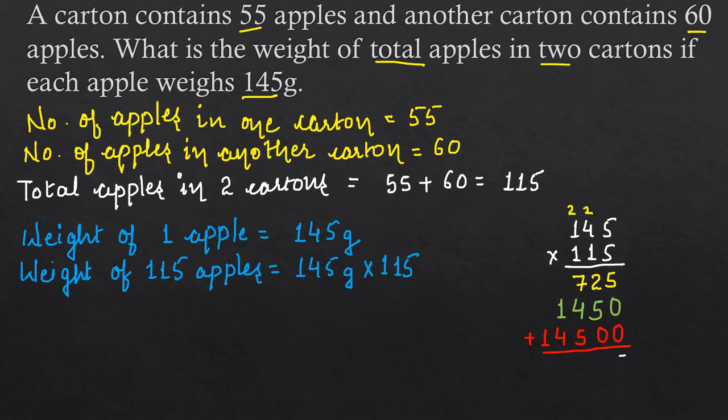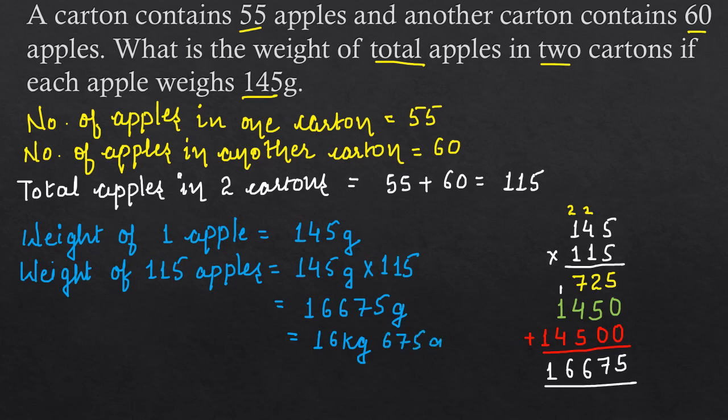So it will be 5, 7, 16, 1 carry, 6, 6 and 1. So it is equal to 16,675 grams, or it can also be written as 16 kilogram and 675 grams, as there are 1000 grams in 1 kilogram. So from thousands place, we are having 16,000.